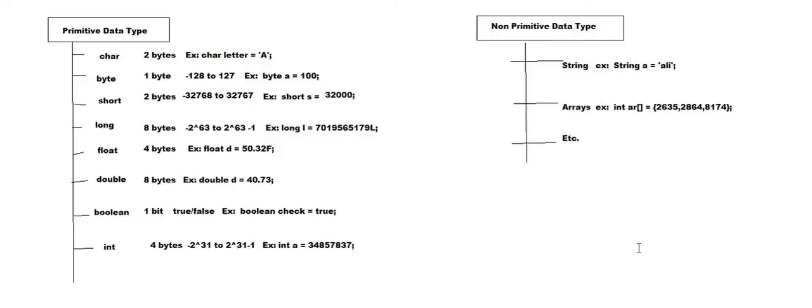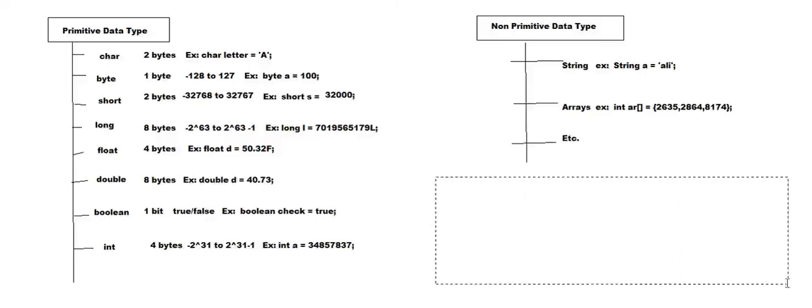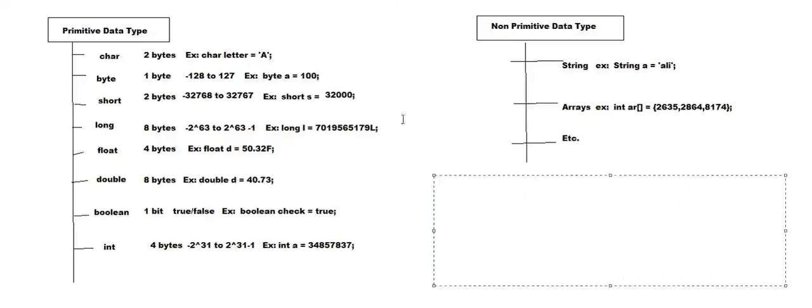We also have something called a non-primitive variable, related to what we discussed in the previous slide, when we were creating an object, for example Demo d1 equals new Demo. As we have created this object by using the class Demo, here d1 is the non-primitive variable.